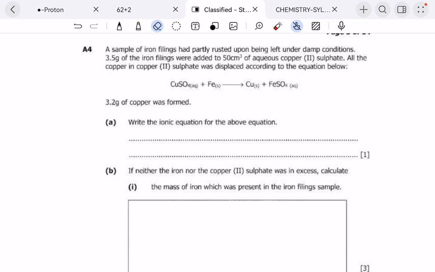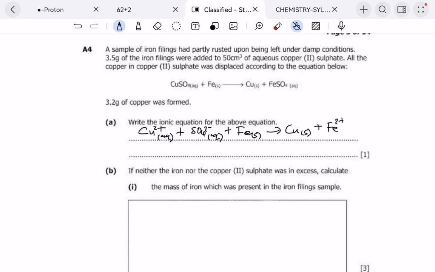To write the ionic equation, it's simple. The first thing I have to do is dissociate the compounds in aqueous state. So CuSO4 is dissociated like that: copper ions and sulfate ions. Nothing happens to the iron because it's in solid state, and nothing happens to the copper because it's in solid state.